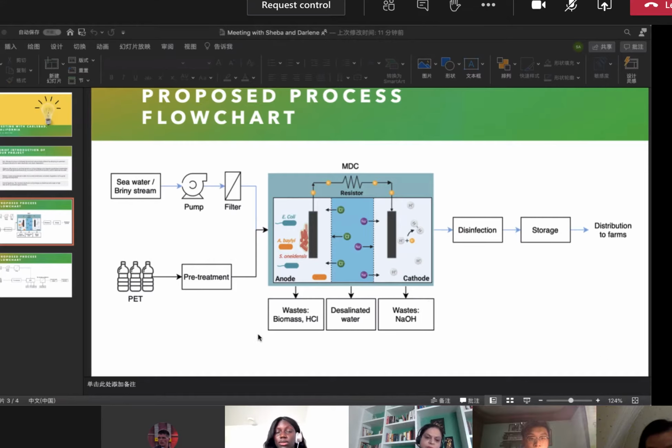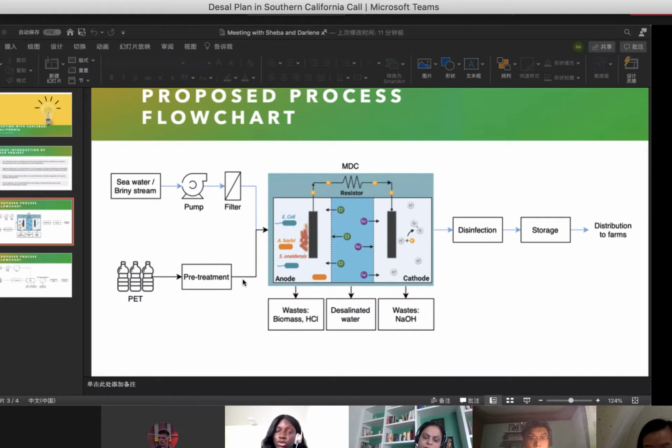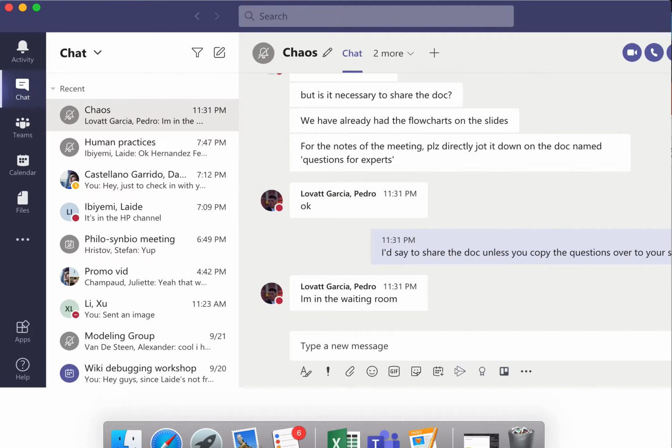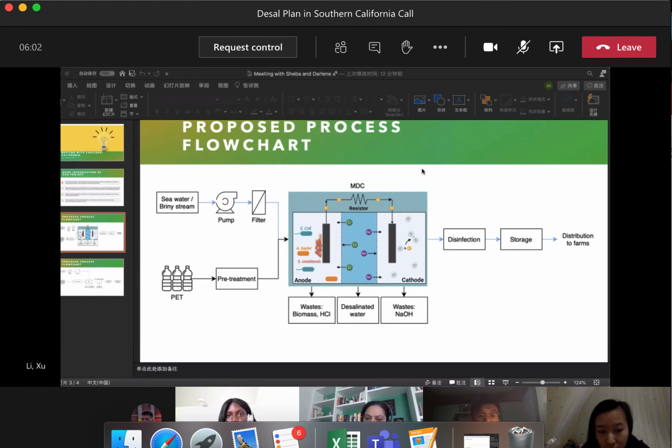Otherwise, it could be implemented into a reverse osmosis process, where we could potentially use it as a pre-treatment step to reduce the power requirements of an RO process. But this is something we're working to find out through our modeling, but we unfortunately don't have this data yet. Right. But, okay, has this been attempted anywhere else, and what are the results from that?